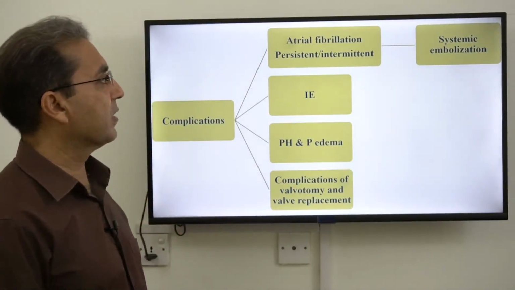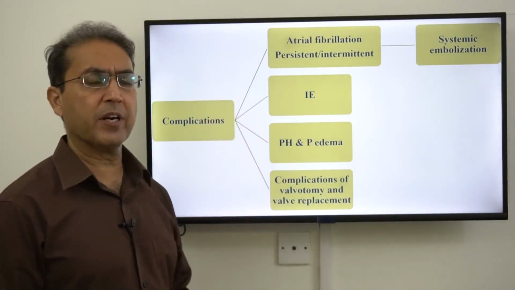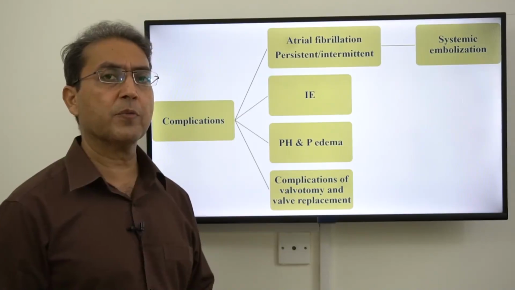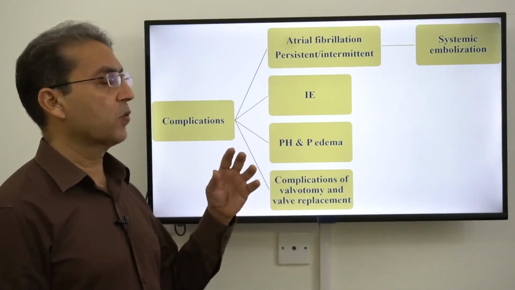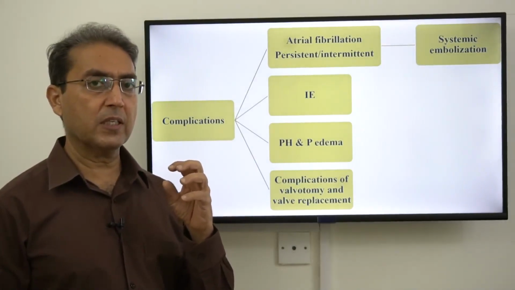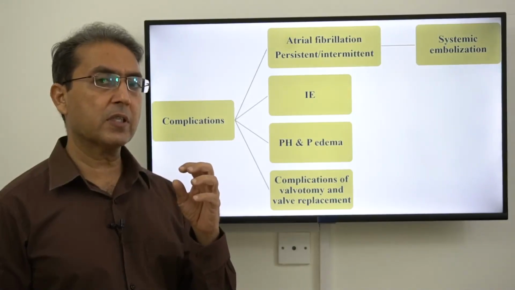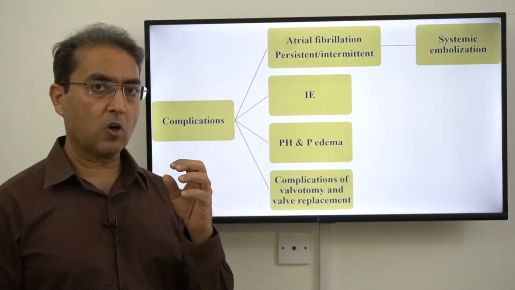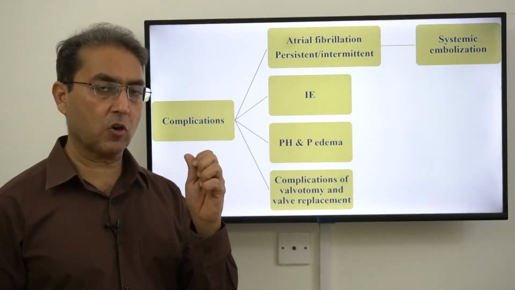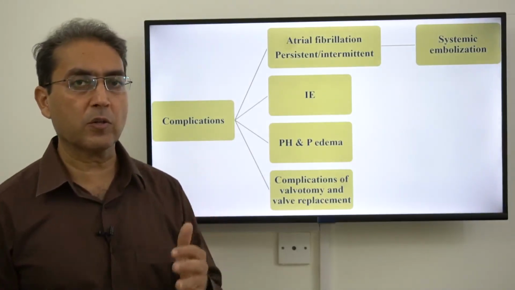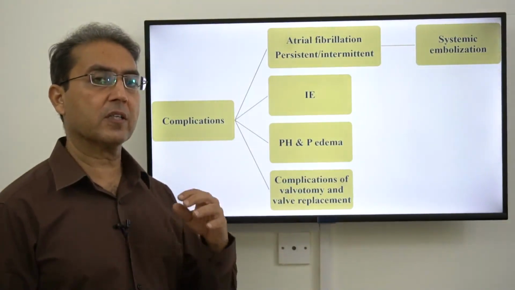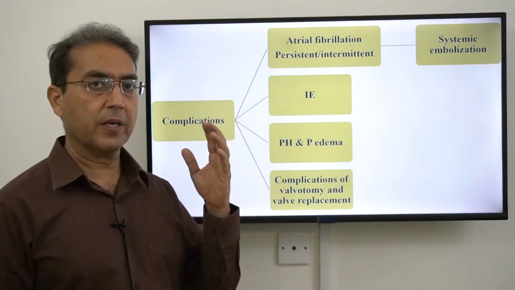Now the complications of mitral stenosis. As you see, the patient may have atrial fibrillation. Atrial fibrillation is initially intermittent, but later on it usually becomes persistent. And the consequence is thrombus formation. When there is atrial fibrillation, thrombus forms in the left atrium, and if the rhythm automatically converts to sinus rhythm, there is a high possibility that the atria will start contracting and push that clot into the left ventricle, and then it is embolized into the systemic circuit, where it can involve multiple areas.